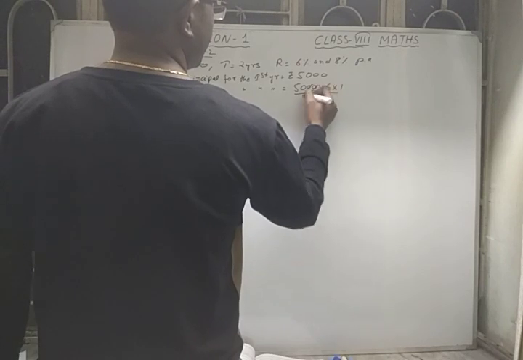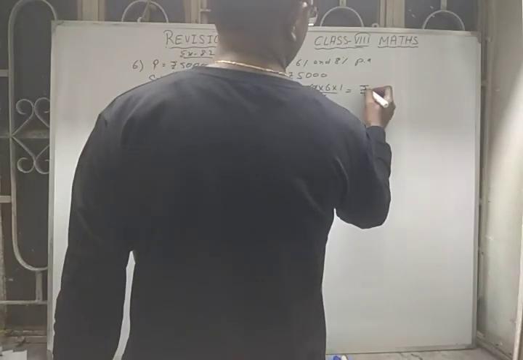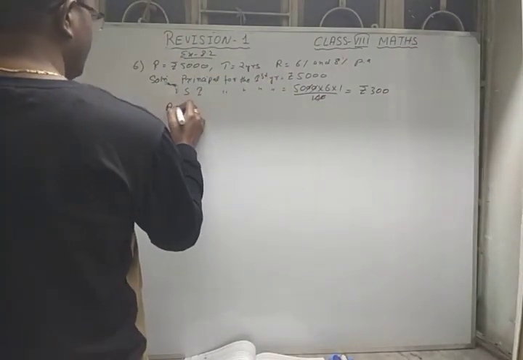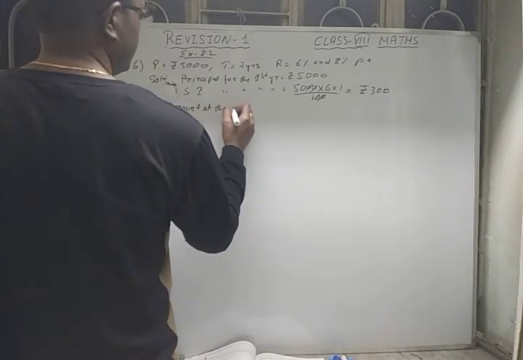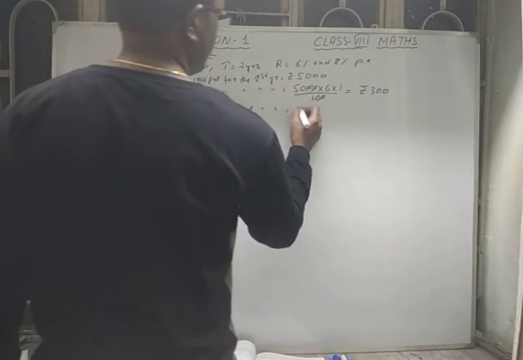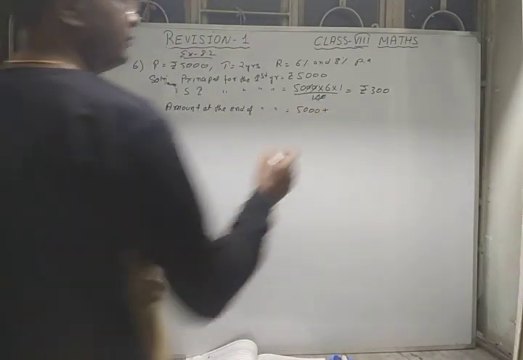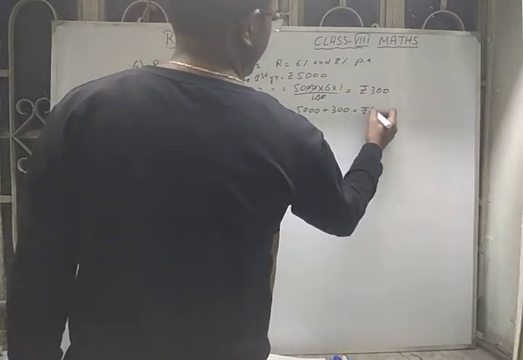So 2 zeros cancelled, 6 5s are 30, so rupees 300 is the interest. So the amount at the end of first year is equal to 5,000, P plus SI is called amount, plus 300, that is equal to rupees 5,300.